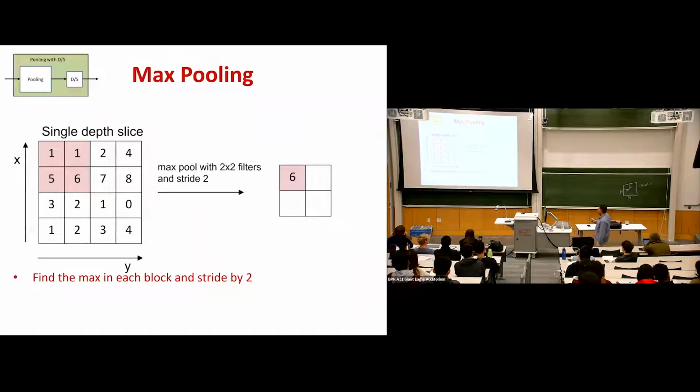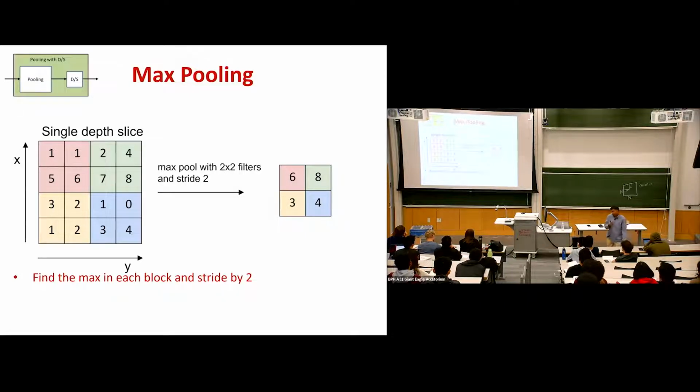And so here again, if you were pooling and then downsampling by 2, that's the equivalent of pooling with a stride of 2. But it's much more convenient to think about it as pooling with a stride of 1, because pooling is basically convolution with a nonlinear operation, which is a max.